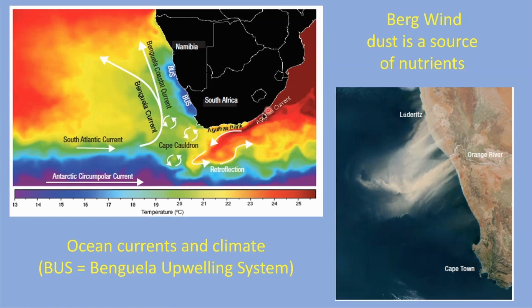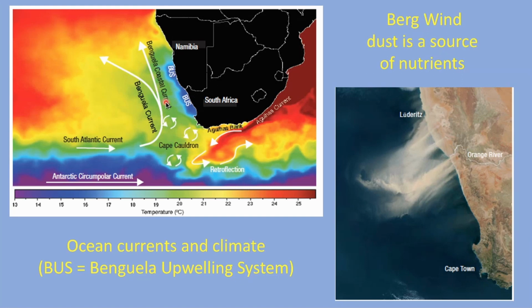And this warm current comes along the Agulhas bank, and then it does a weird thing where it just turns and retroflects back into the Indian Ocean. We then have the South Atlantic current, colder water, coming along from the polar regions. And this then rotates around into the Benguela current.